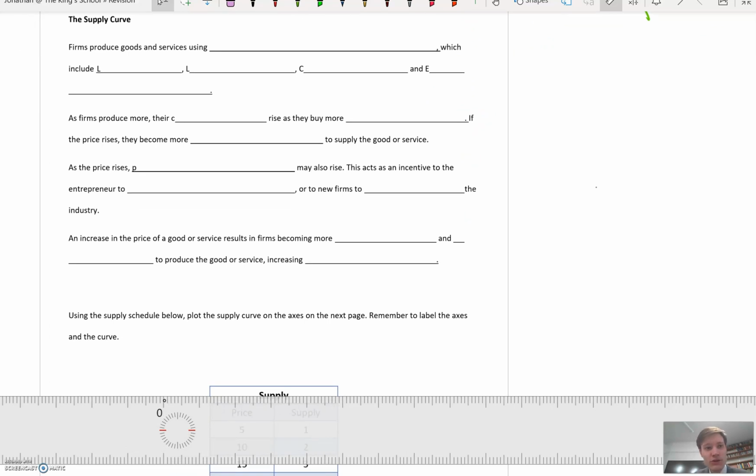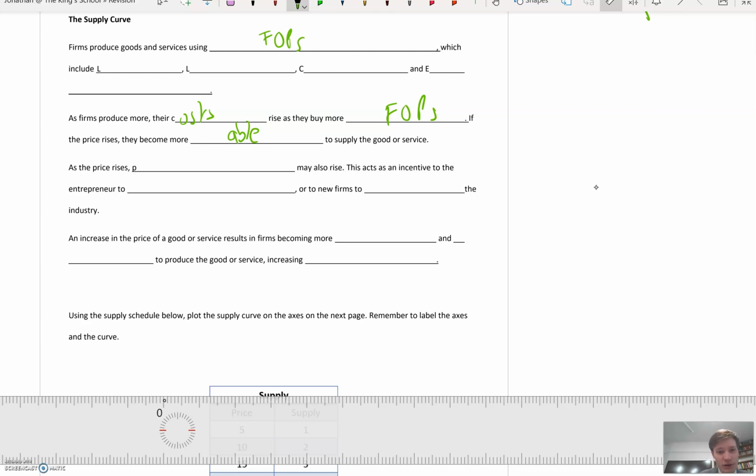Right, firms produce goods and services using factors of production, which we know to be land, labour, capital and entrepreneurship. As firms produce more, obviously their costs rise as they buy more of those factors of production. And if the prices rise, they become more able to supply their good or service because they can now buy their factors of production.